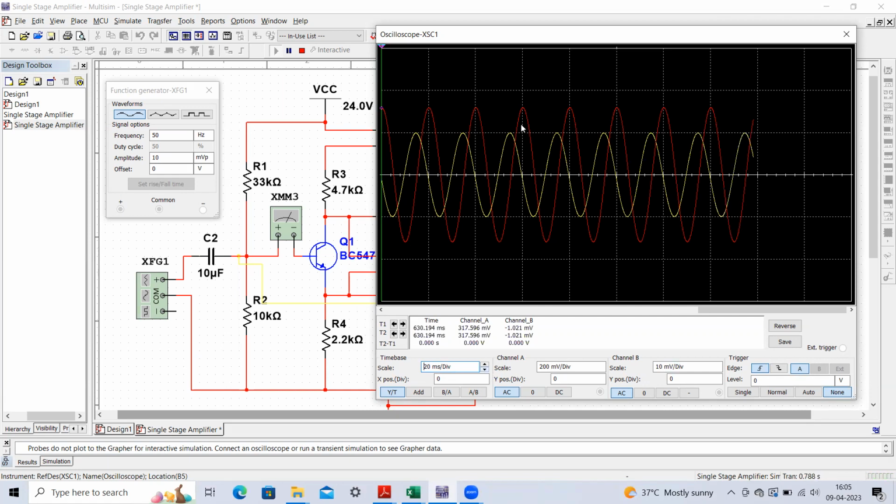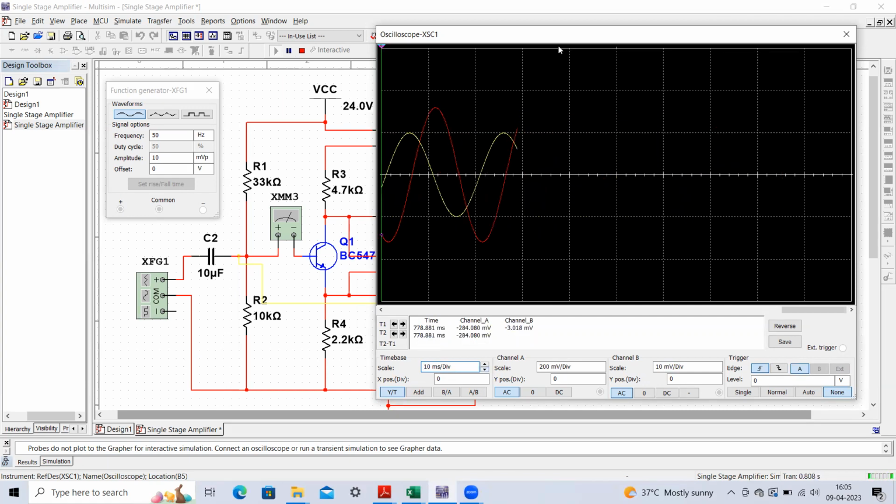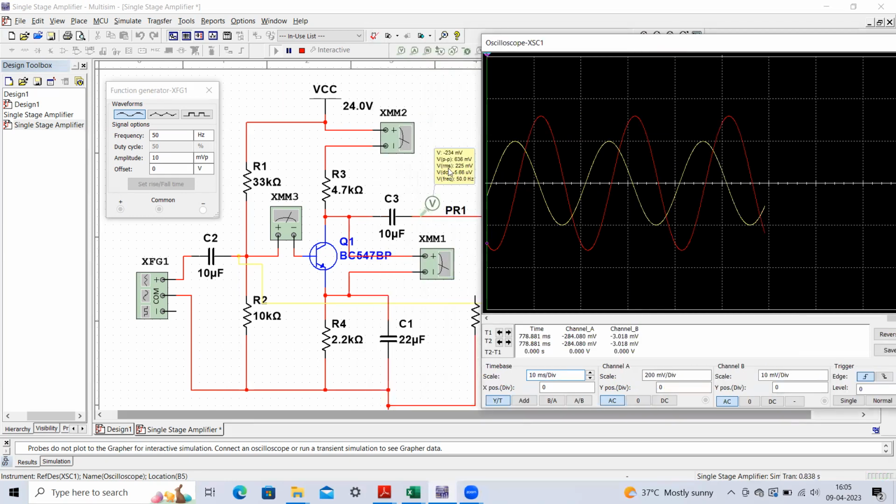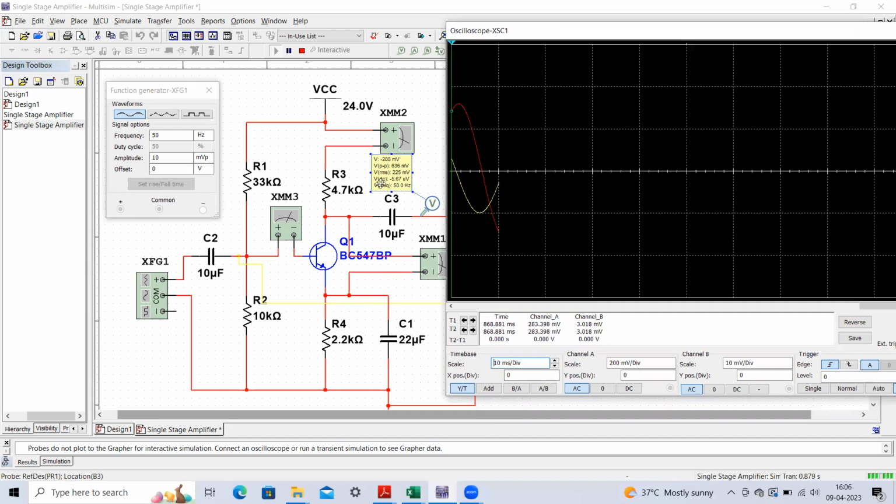In Multisim we have some flexibility because of this voltage probe, so we can directly see these values. This value coming out here is V peak to peak. You can see this value is 636 millivolt.